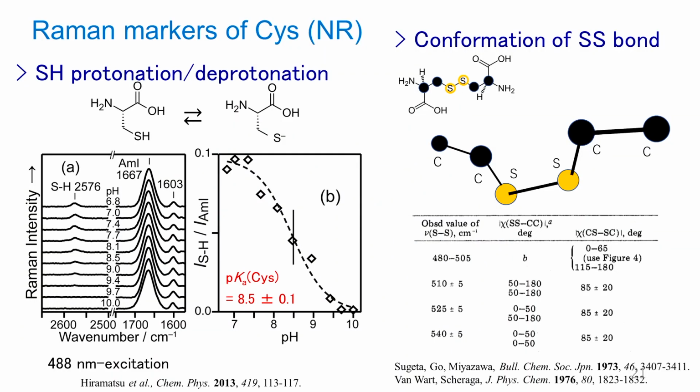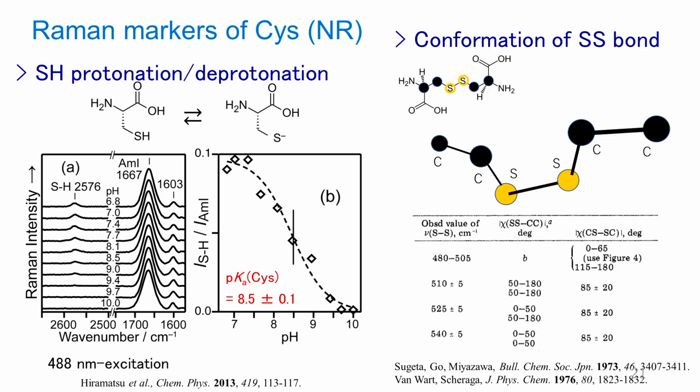Finally, this is an example of cysteine side chain analysis. Cysteine has a side chain of the SH group, and sometimes it forms an SS bond, or sometimes SH deprotonates.